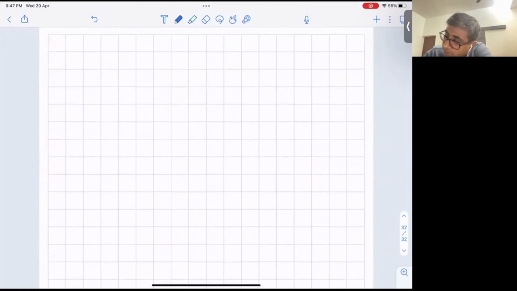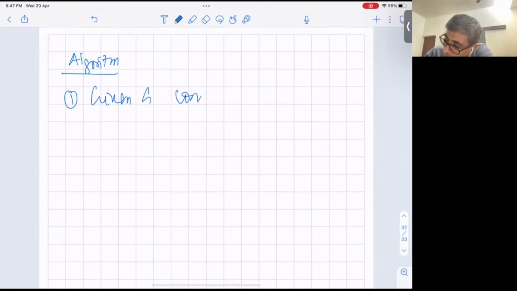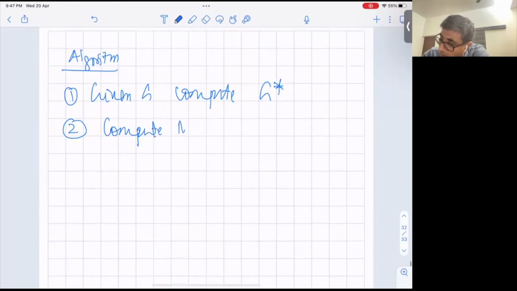So here's my algorithm. Given G, compute G star. Compute the minimum vertex cover of G star. Let X be this.